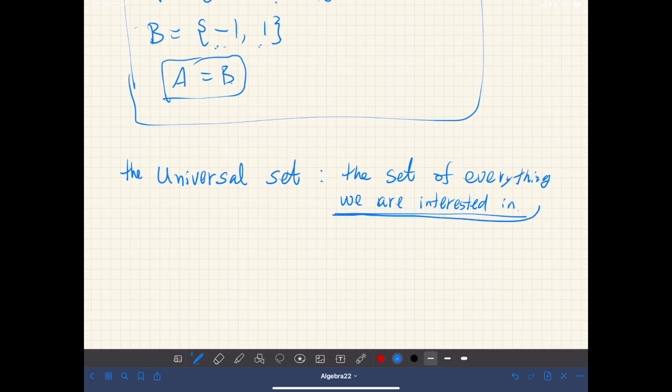Okay, so say the set U is the universal set. Then when we specify a set, we write like this: x belongs to U, and x has some property.